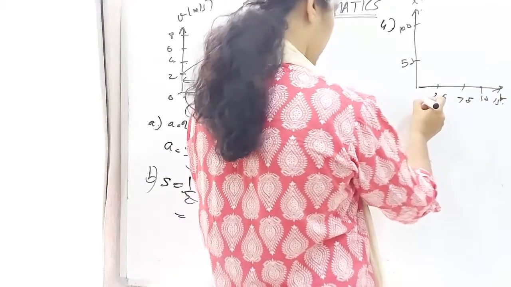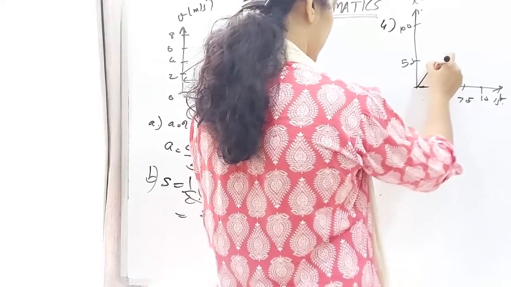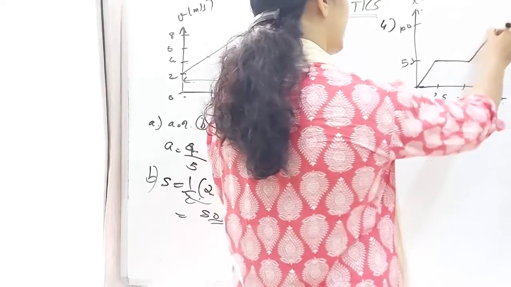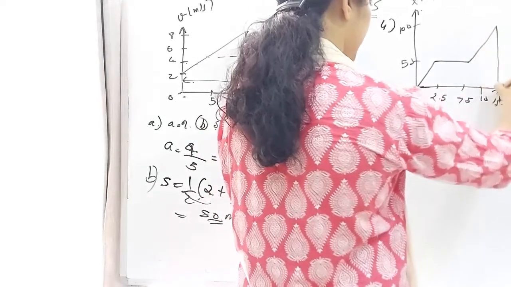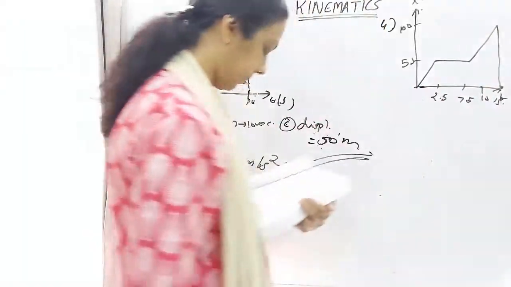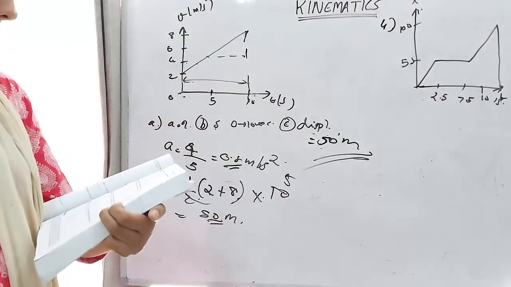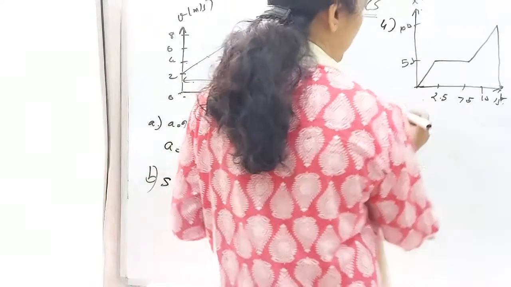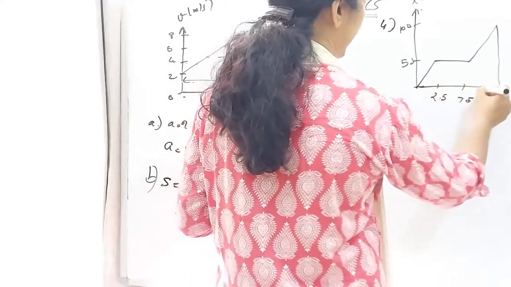So here it's increasing, then till 7.5 it is constant, and then increasing up to 100, then it is decreasing till 15. Now find the average velocity during 0 to 10 second.